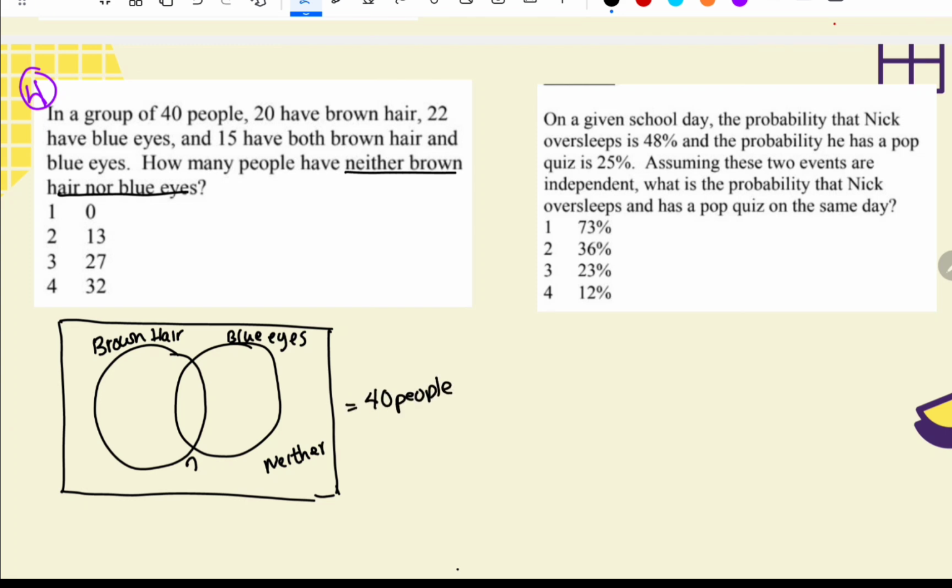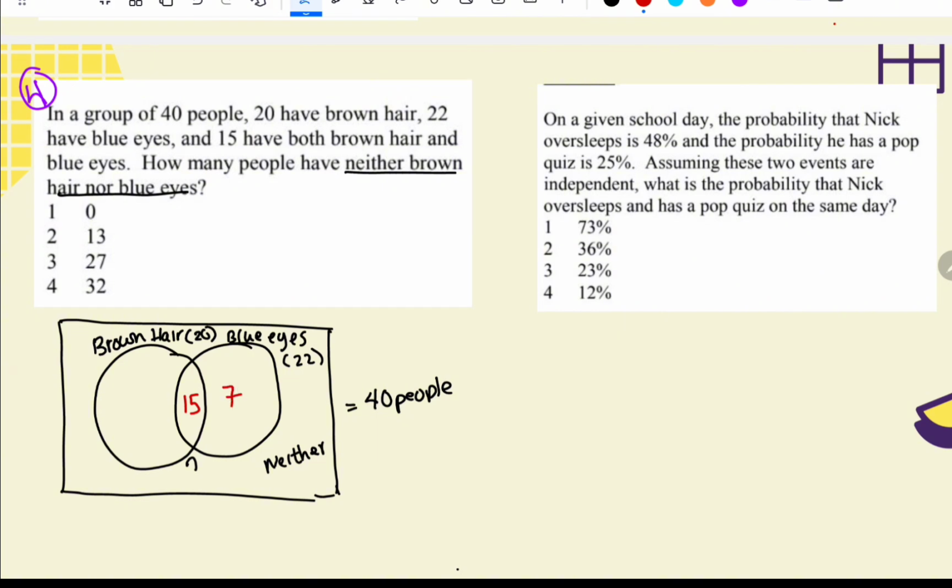So some people might run and go, oh, I'm going to put 22 here, 20 here. No. We have to work backwards, kind of. We know that there's 20 people that have brown hair, 22 have blue eyes, and we know that 15 have both. So I put my 15 in the middle. Now, what plus 15 is going to give me 22? 7.